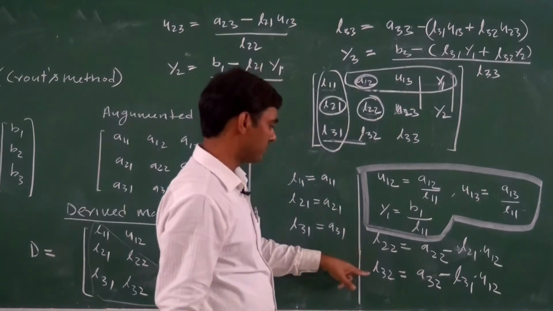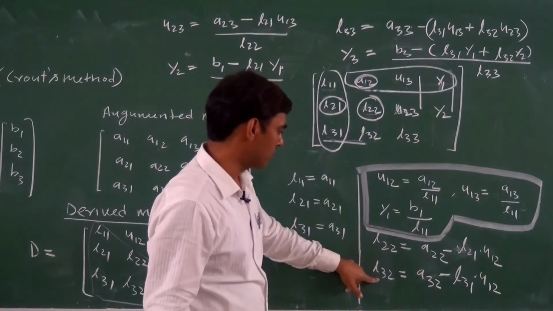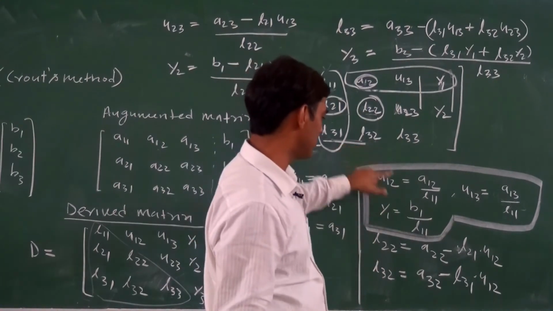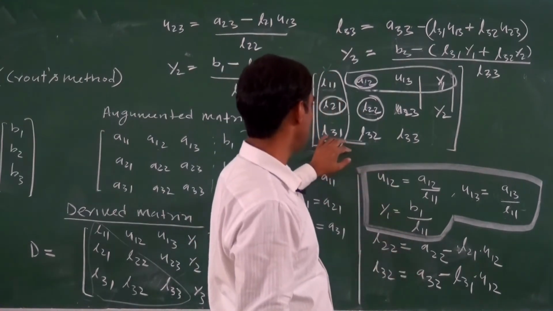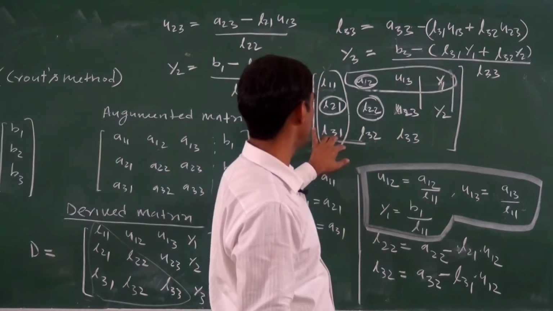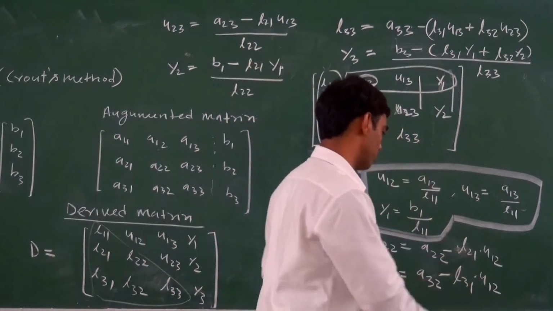Now similarly, to find the value of L32: A32 minus the inner product of the corresponding row and column, L31 and U12.